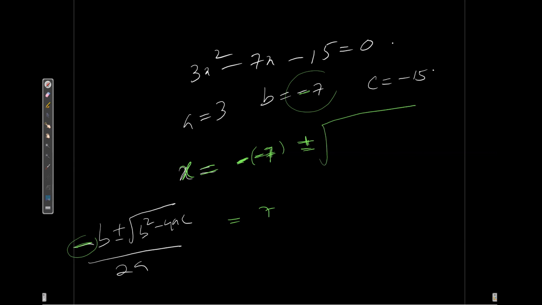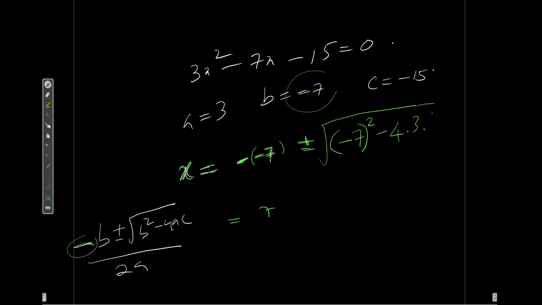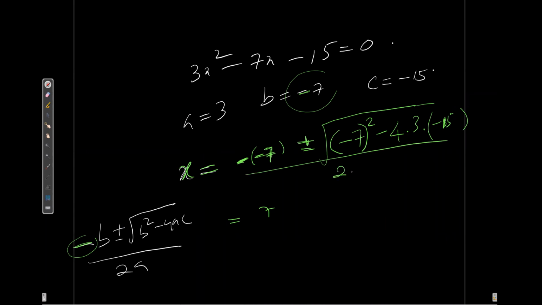And the next mistake that can happen when your b is negative, negative 7 squared, they write it like that. No, that's wrong. Put parentheses. That's going to be, again, positive. 4 times a, which is 3, c is negative 15, over 2a, which is 3. Okay, I think I addressed that common mistake.